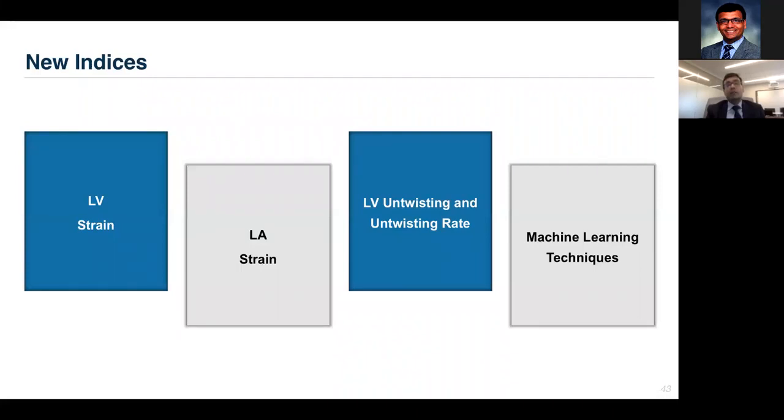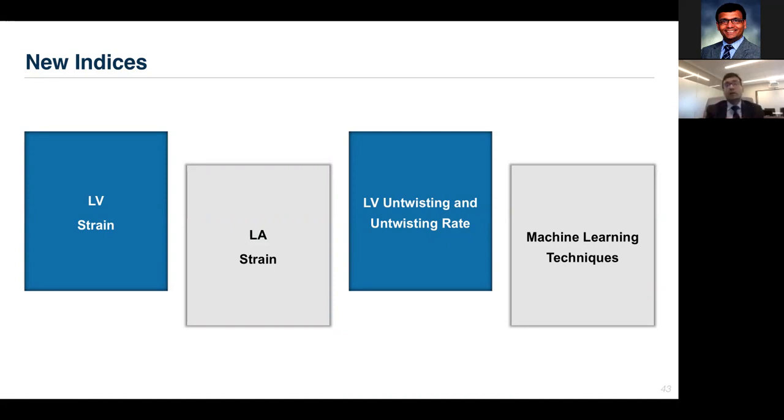And there is more and more work that is happening in the field of data mining techniques, using machine learning techniques, which there is increasing reports that some of these techniques may allow us to cluster the information more readily for busy clinical practice.